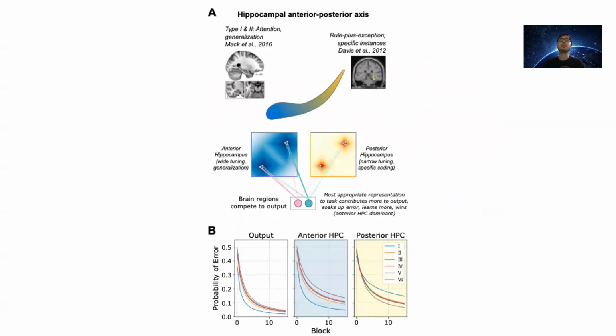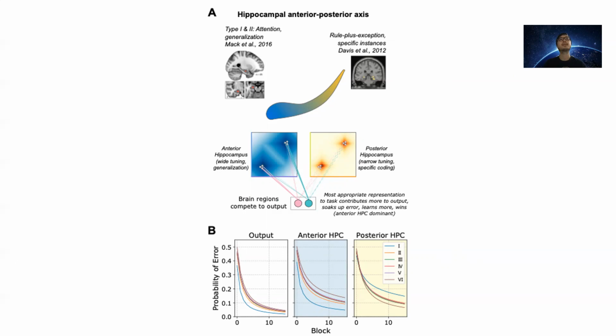Finally, now that we have a population of neurons, we can further decompose the model into two separate modules. So we have 2 brain areas that have different functional properties. We know that the anterior hippocampus and the posterior hippocampus have different tuning properties, such as wide fields versus small fields. And so this interestingly relates to attention in the category cognitive model as well.